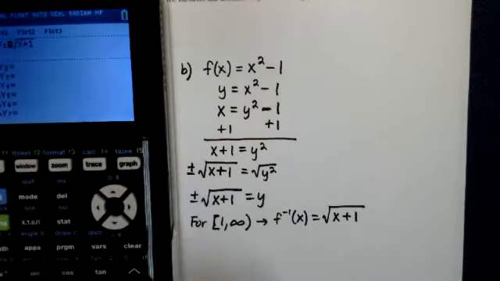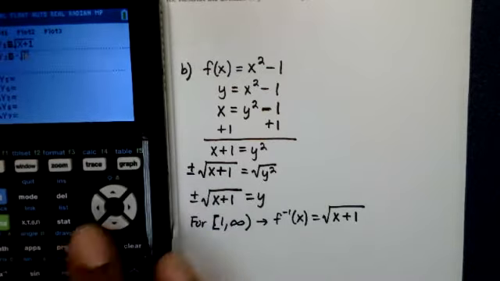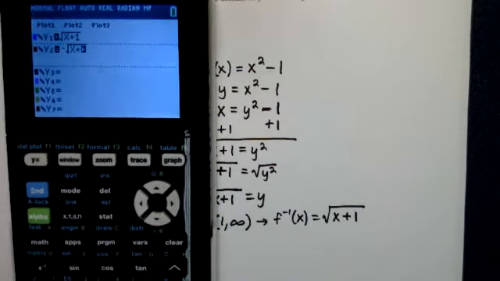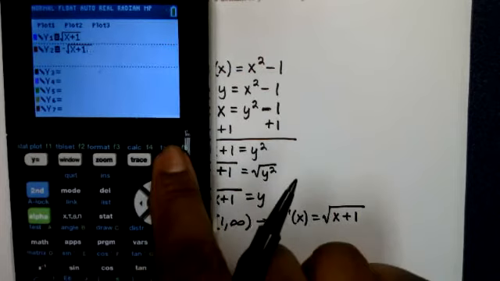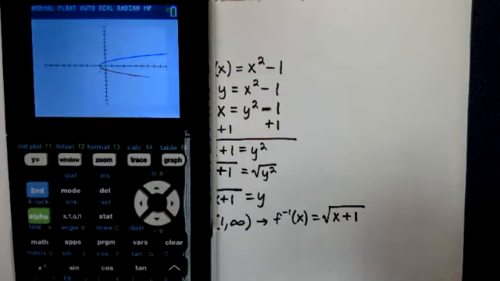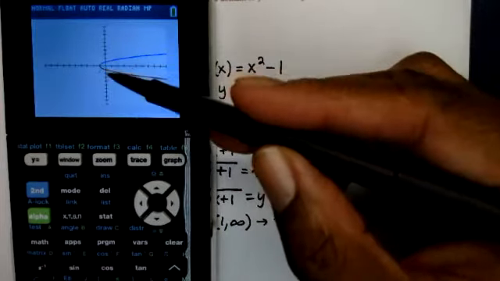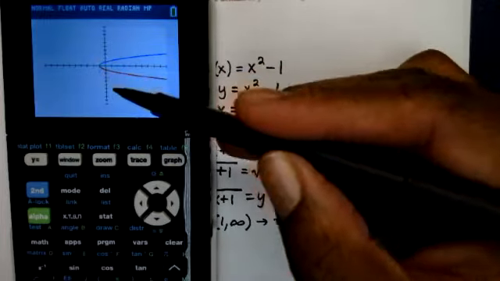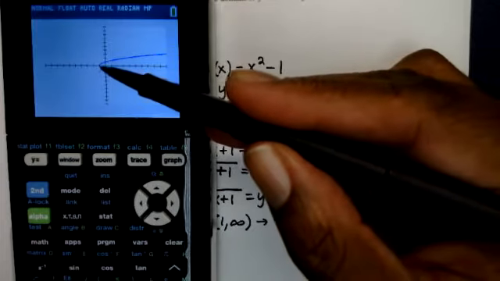Okay, now I'm going to enter the negative part in y2. That'd be negative, and then second x squared, and then get the x plus 1 and graph that.